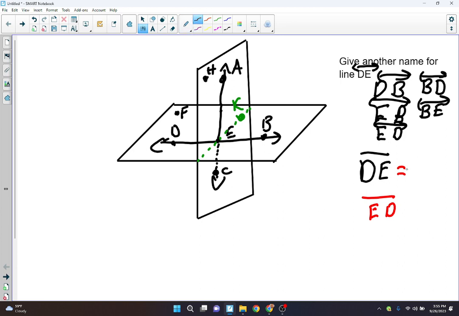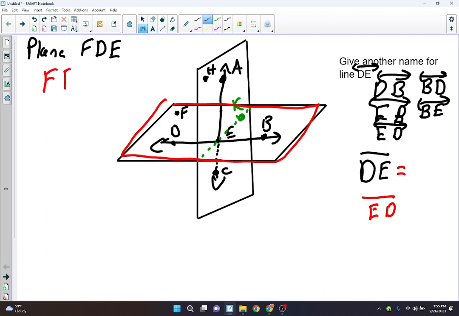Okay? All right. Now, if I say something like, give another name for the plane FDE. So the plane, remember, is the flat surface. So FDE is this surface right here, this flat surface. So one answer could be FDB.